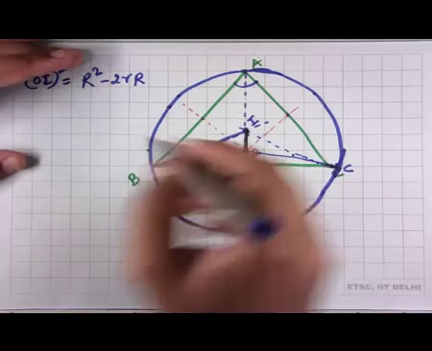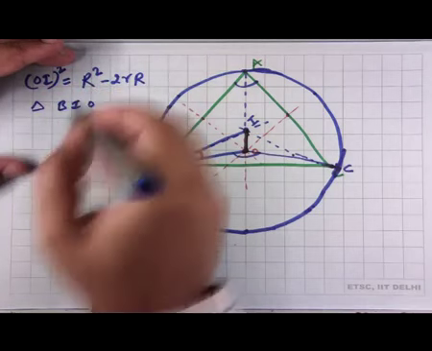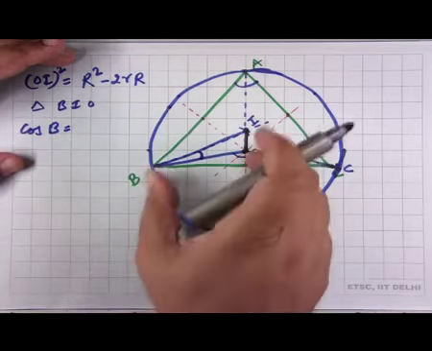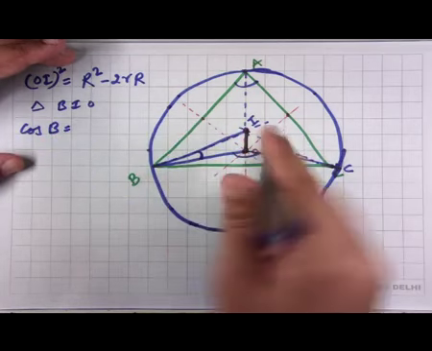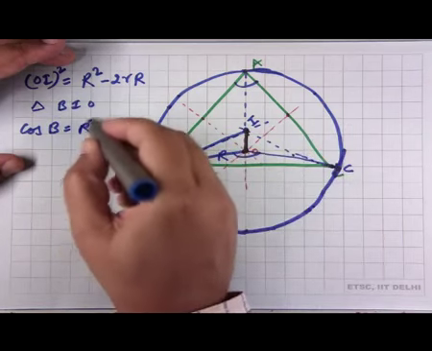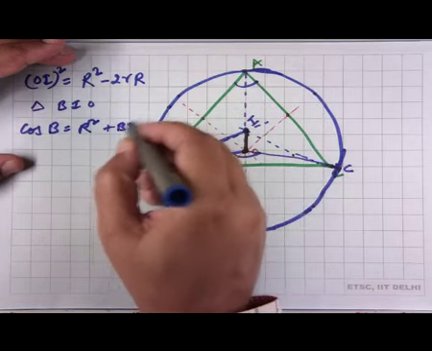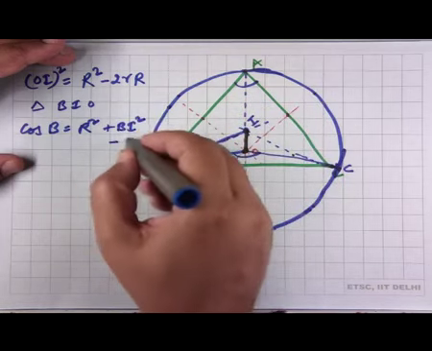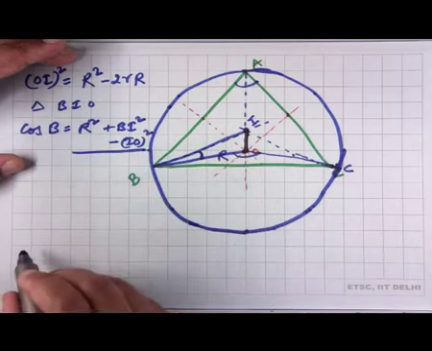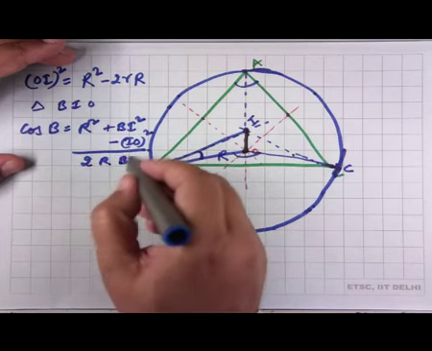That should help us to get this length OI, and that is because in the triangle BIO, cos of B is equal to BO square plus BI square minus IO square, this whole thing divided by 2 times BO times BI.